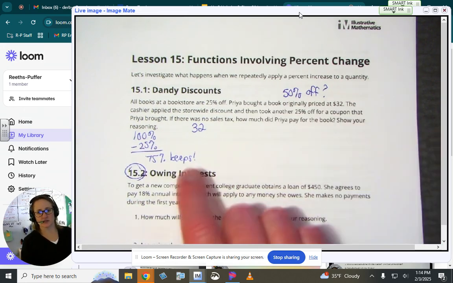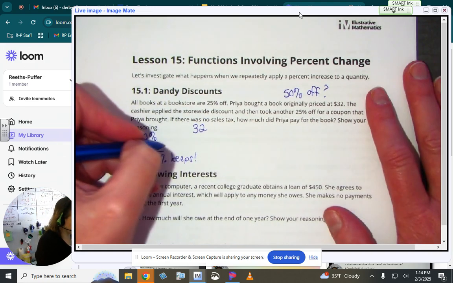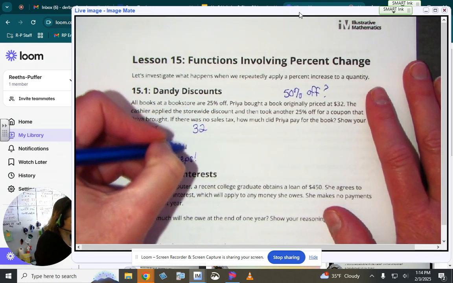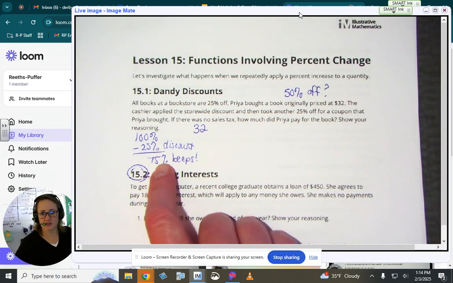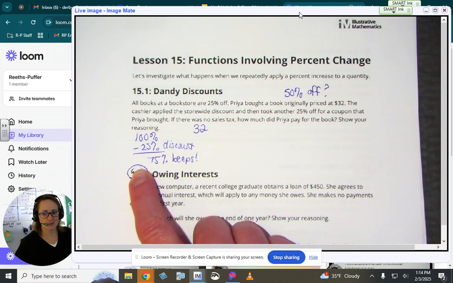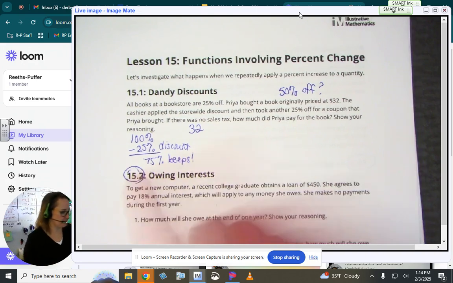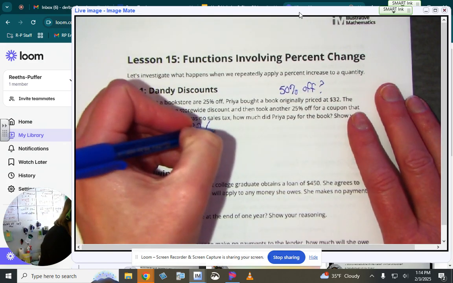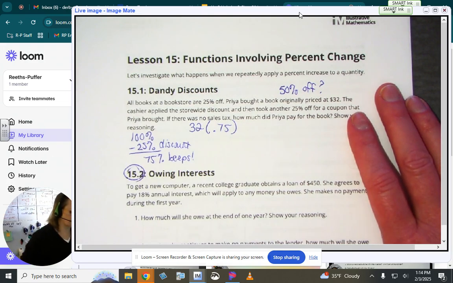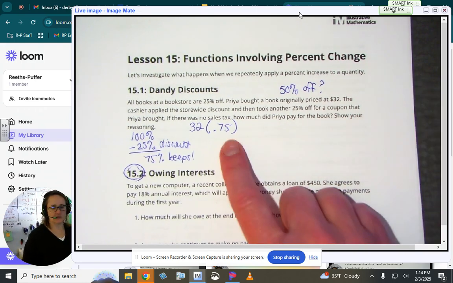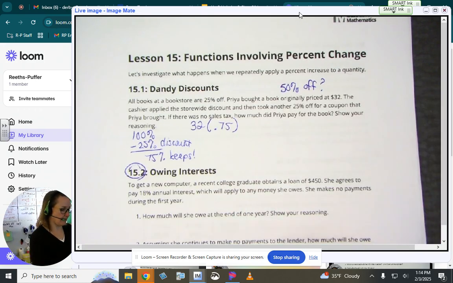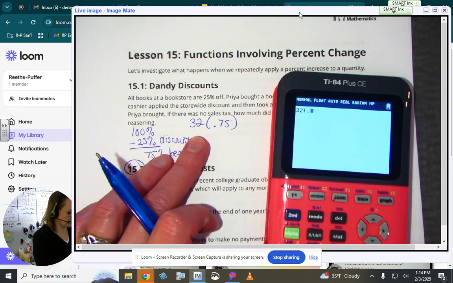So this is the store-wide discount. That 75%, move it 2 decimal places, is 0.75. So 32 times 0.75, there's our factor. This is what it's going to look like after the store-wide discount.